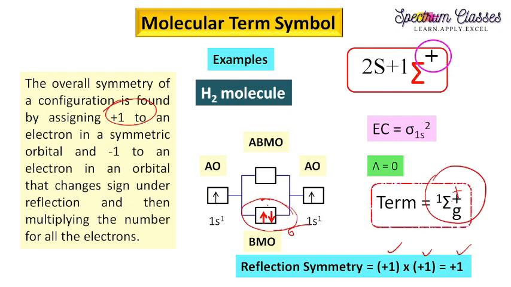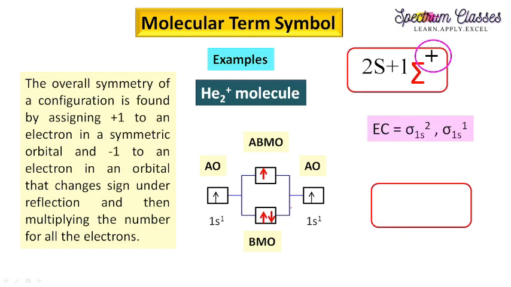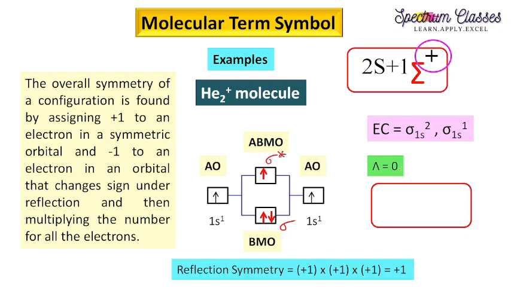Now coming to the next, we are taking the example of the helium 2 plus molecular ion. Now solve this. First write down the electronic configuration. The last electron will go to the sigma star orbital. For sigma orbitals, we have lambda equal to 0. So for all the electrons, we have lambda equal to 0, and the term will be like this. And here you can write down the spin multiplicity.